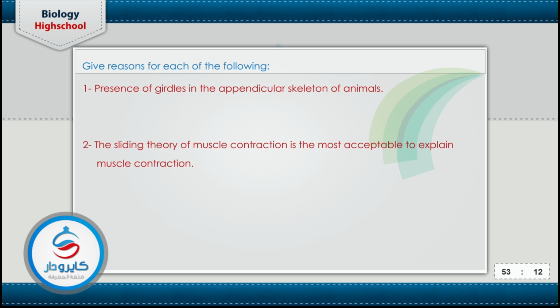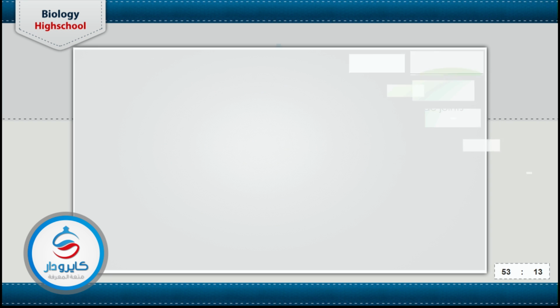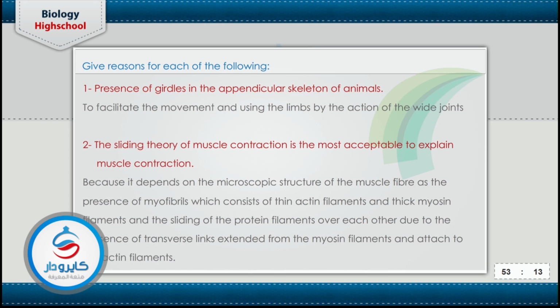But the question number 2, the sliding theory of the muscle contraction is the most acceptable to explain the muscle contraction. We understand that Huxley explained the action of the contraction of the myofibrils by the presence of 2 images of the myofibrils, one of them during the contraction and the other during the relaxation.